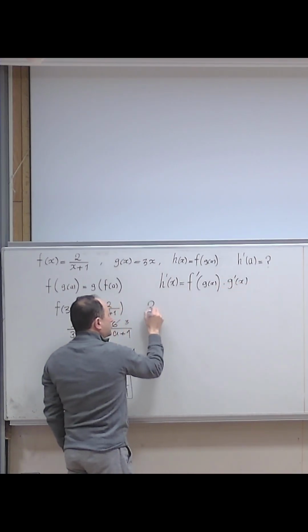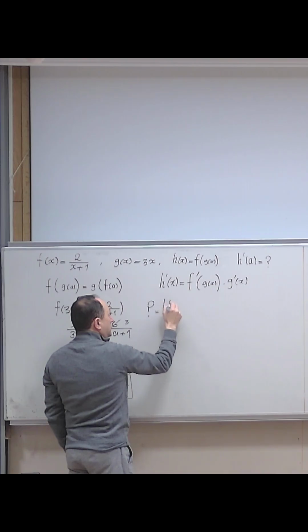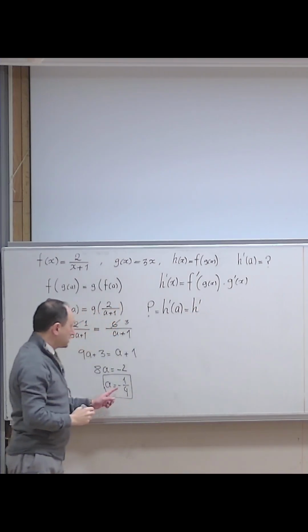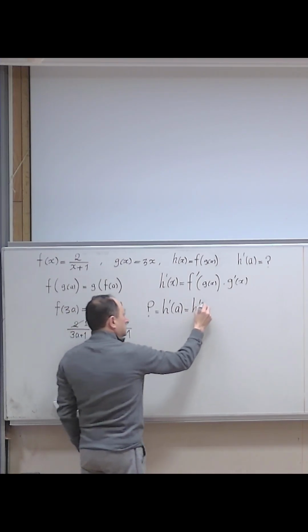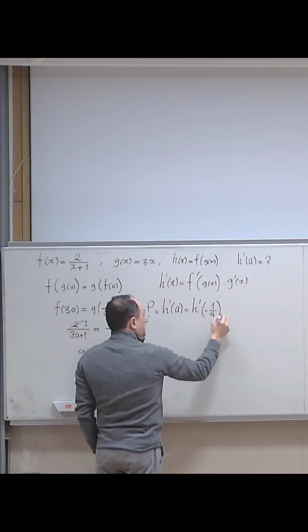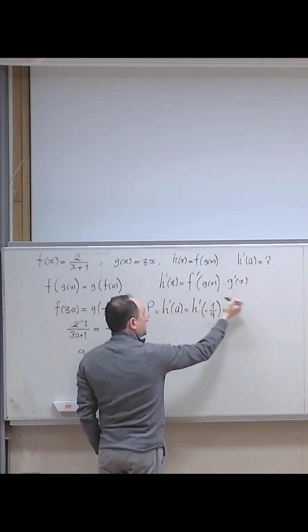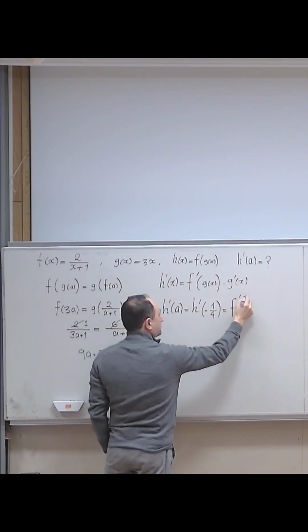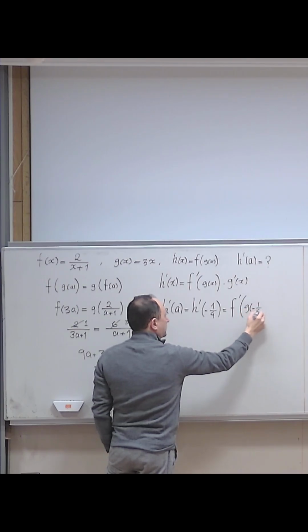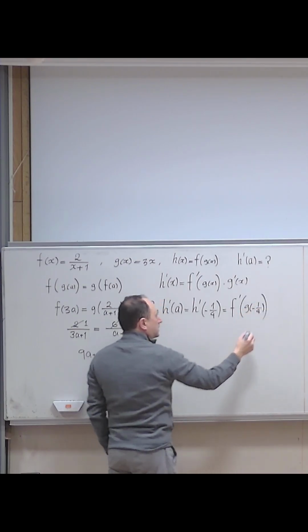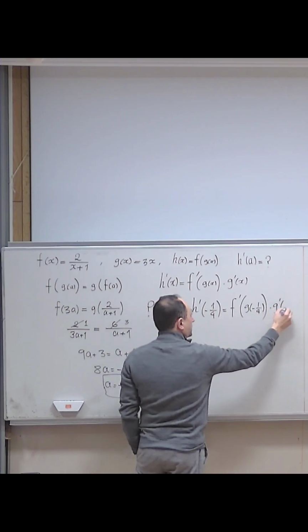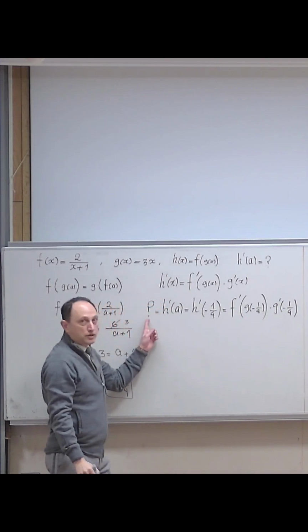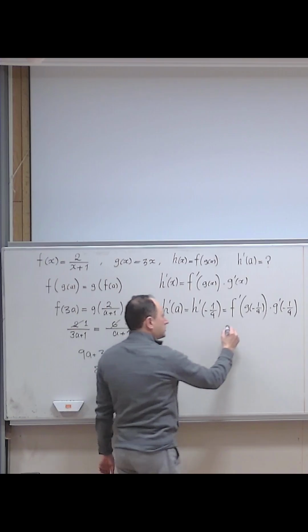The question mark that I am looking for, which is h prime of a, where a is the number minus 1 over 4, means that I have to go to my formula and replace every x with minus 1 over 4. So it becomes f prime of g of minus 1 over 4 multiplied by g prime of minus 1 over 4. In order to answer this question mark, I have to answer two question marks.